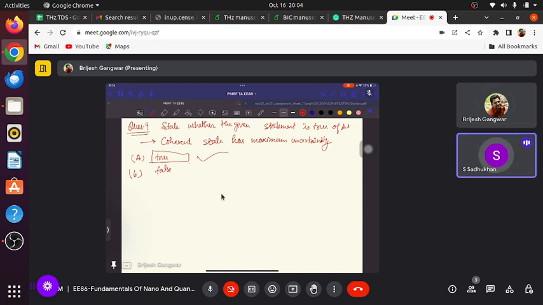Uncertainty is defined with respect to some quantity, no? Like delta n, delta phi, or something like that. So in coherent state, what is uncertain?